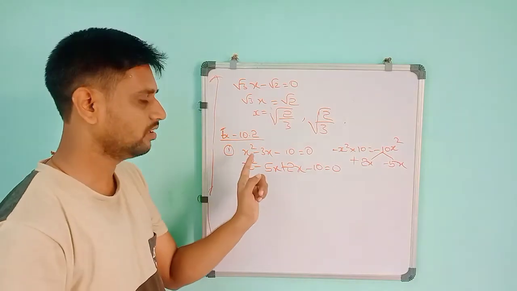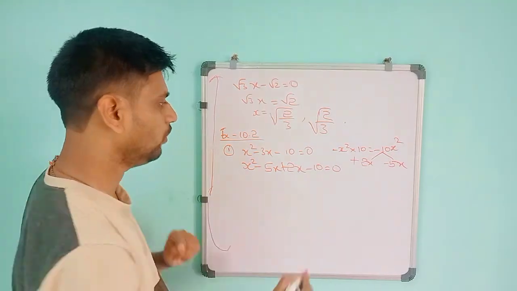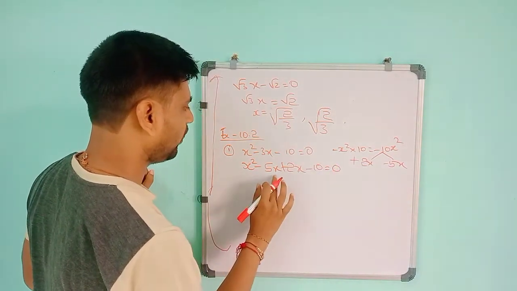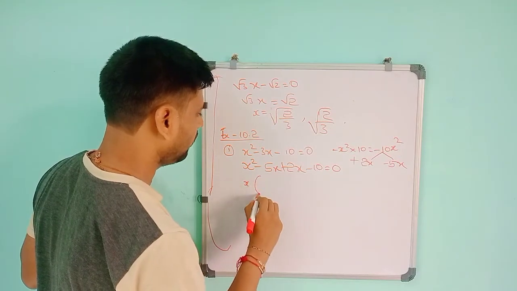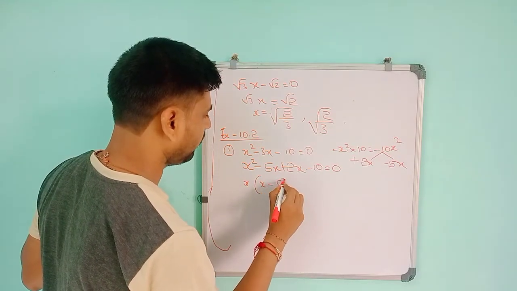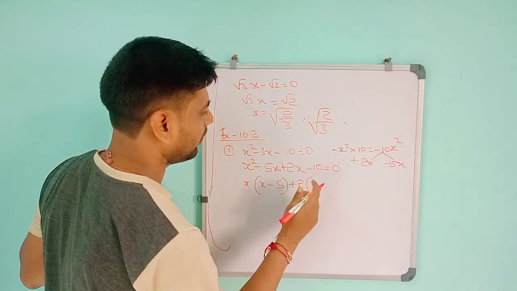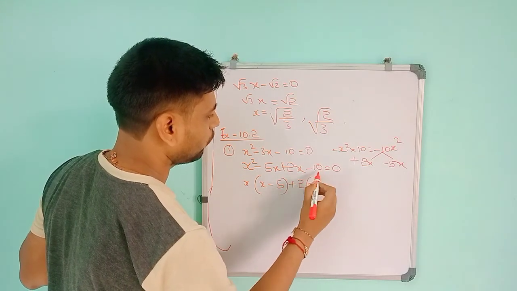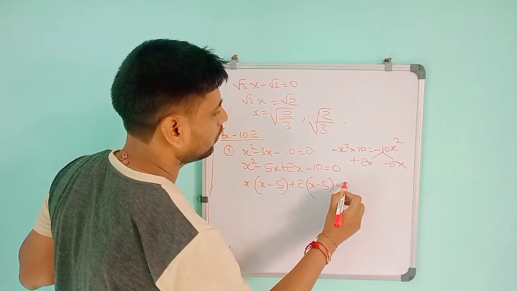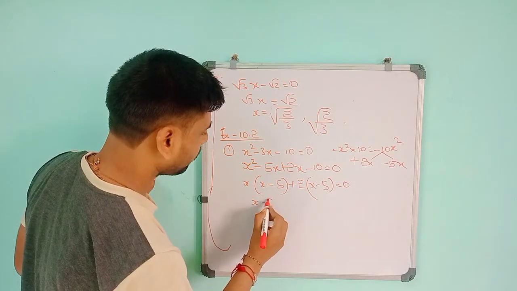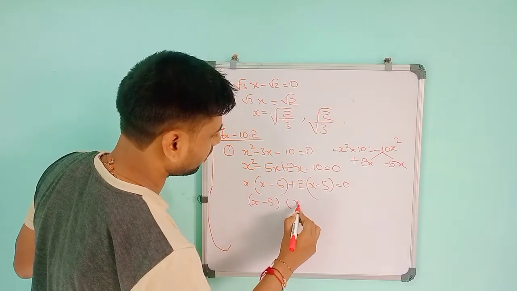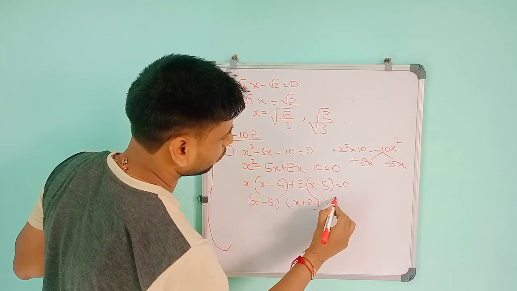Then x square minus 5x plus 2x minus 10 is equal to 0. Then x square is there, 5x is there, so you can take x common: x into x minus 5. Plus 2, you can take common because 2 goes into 10, so 2 fives are 10. So x minus 5 and x plus 2 is equal to 0.